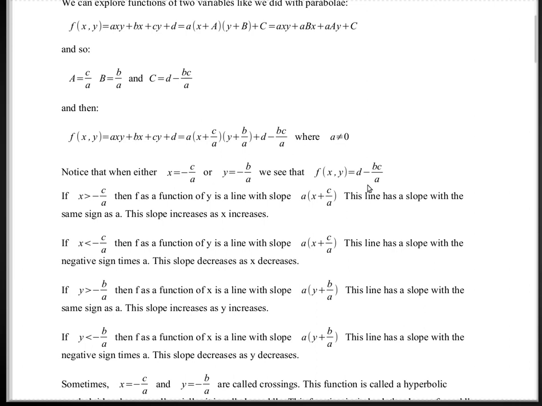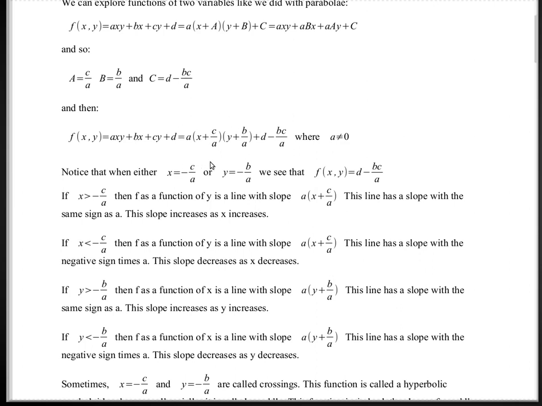What we also see is that if x is greater than minus c over a, then this function of y is a line with this slope. In other words, if this number here, x plus c over a, is positive, we get a line that has the same slope as a. Okay?